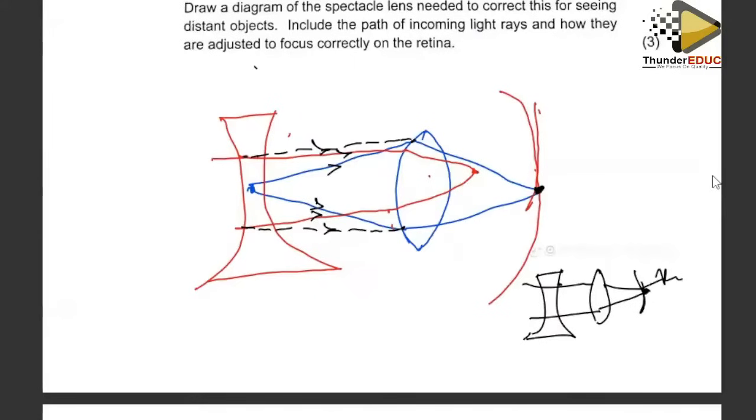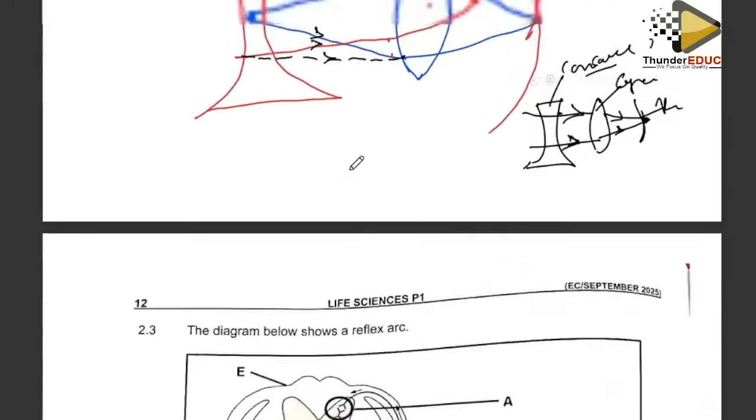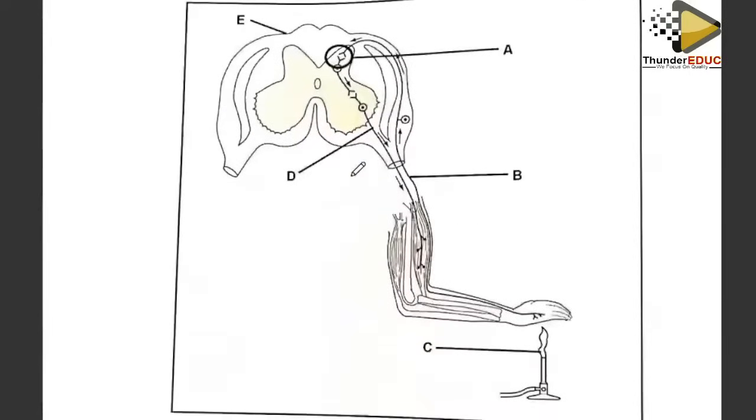So this is the retina, this is the eye lens, the convex lens, and then this is the concave lens for the spectacles. They're looking for something like this, and these are light rays. They come like that. But this one was just an explanation of that diagram. We explained it very well in our distinction material book.